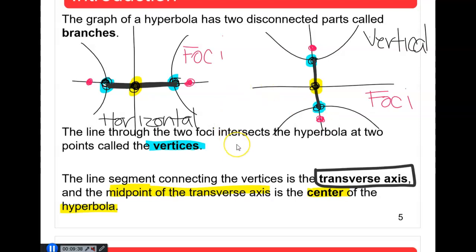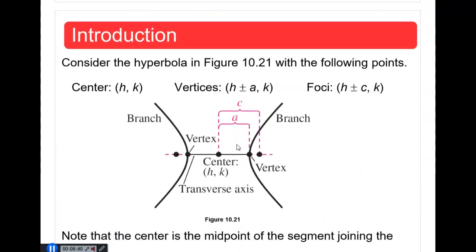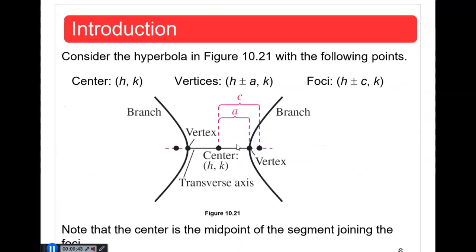Okay, so moving to the next slide, we have the same terminology here. And so the center sometimes will be at the origin, the point 0, 0, but not all the time. So you need to be aware of that. And we will continue using H and K to represent the horizontal and the vertical coordinate of the center.